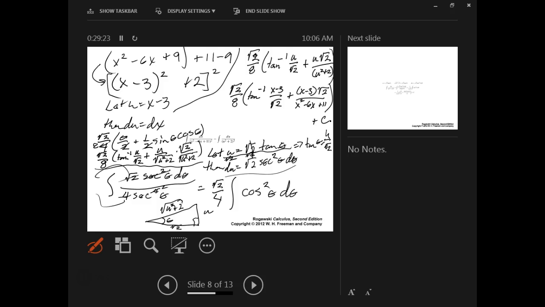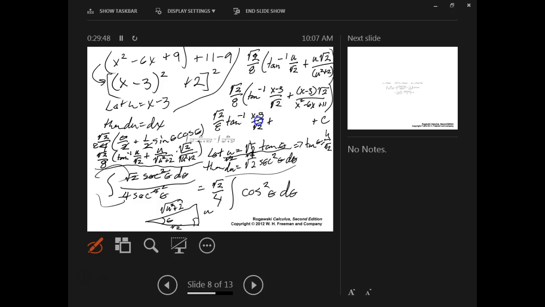So I'm going to leave the first part, square root of 2 over 8 times inverse tangent of x minus 3 over root 2. It's so slow.